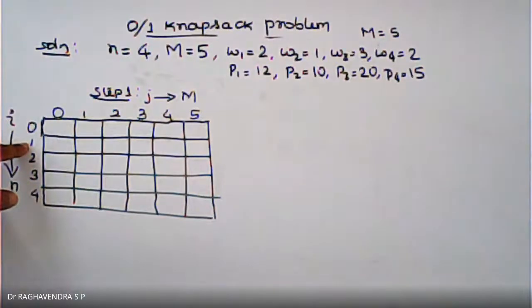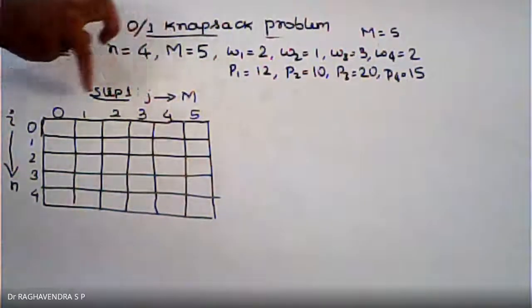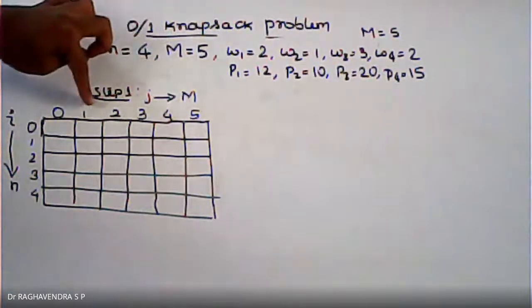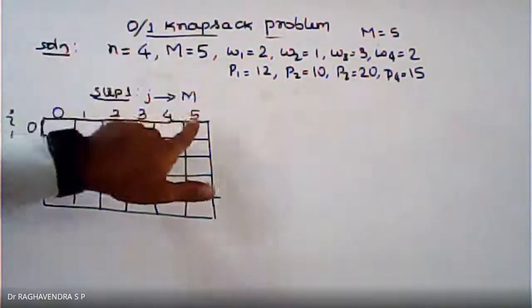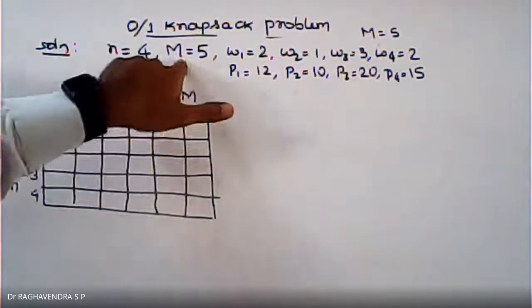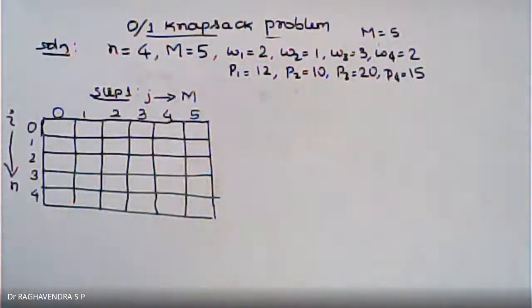The first row means item 1, the second row means item 2, then item 3 and item 4. So J equals 0 means remaining capacity J is 0. J equals 1 means remaining capacity J is 1. Similarly, J goes up to 5, because 5 represents the total capacity of the knapsack. Have you all written this table?